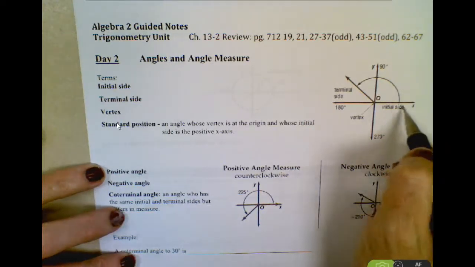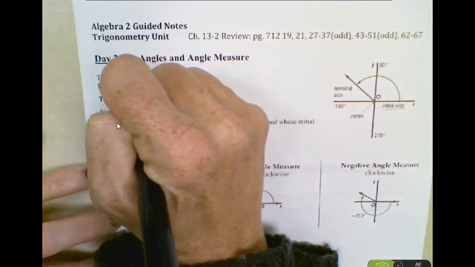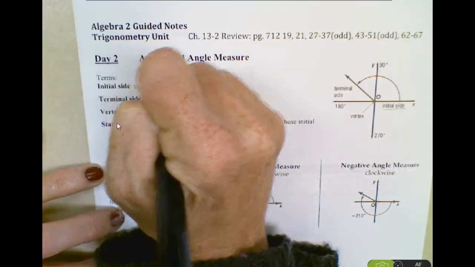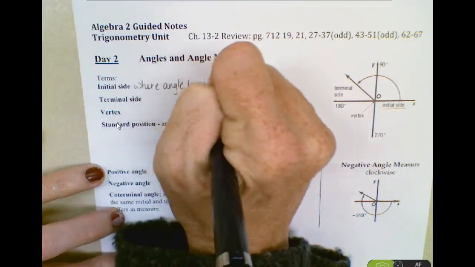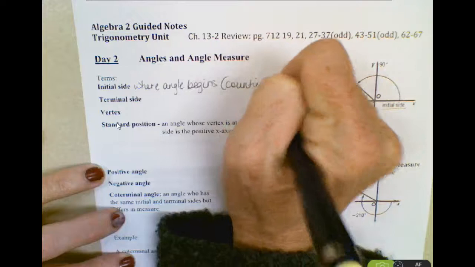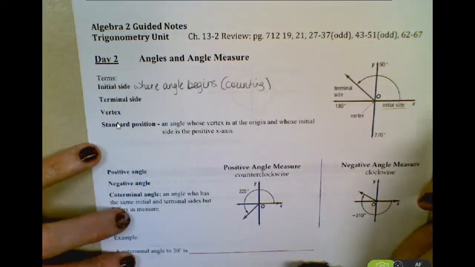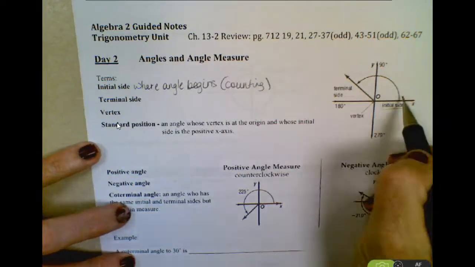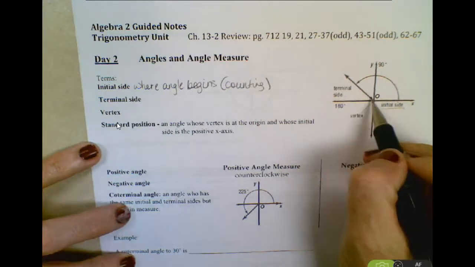When we talk about the initial side, we're talking about where the angle begins counting, basically. That's for counting purposes. Usually it is there on the x-axis in the first quadrant. Usually, not always, but usually. The terminal side means where that angle opens up and where it stops.